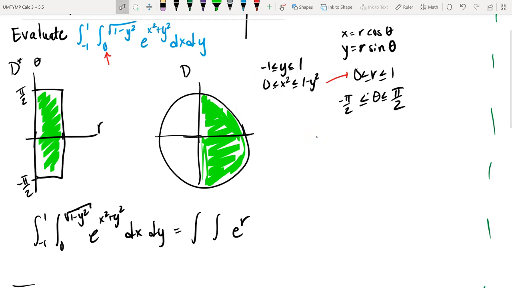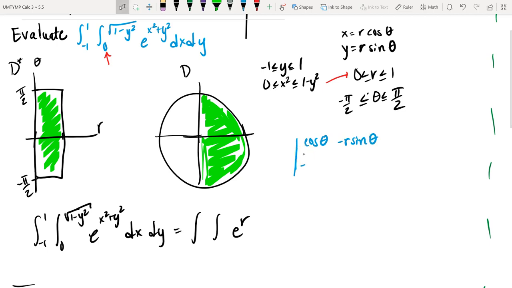So we have, let's see, the partial of x with respect to r is just cosine theta. And then the partial of x with respect to theta is going to be minus r sine theta.